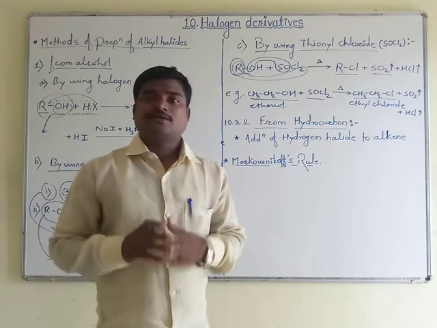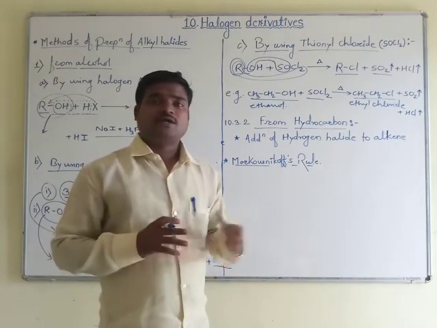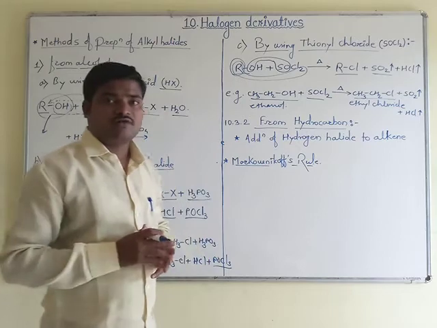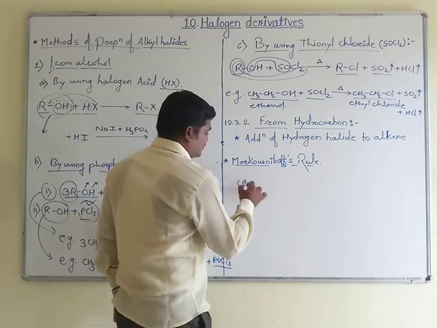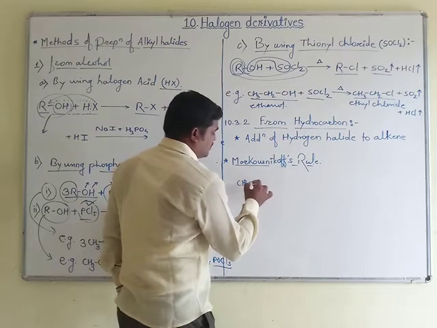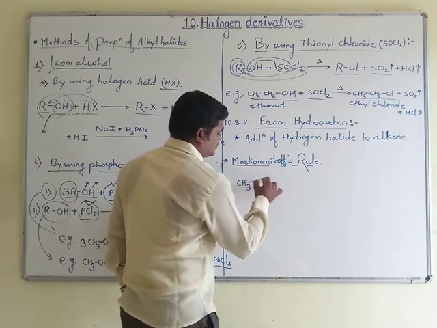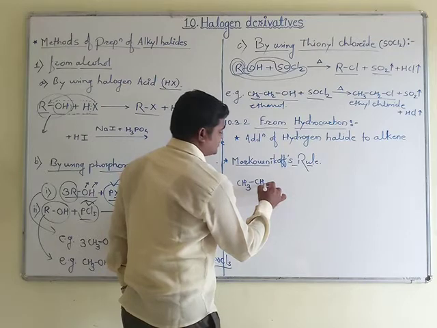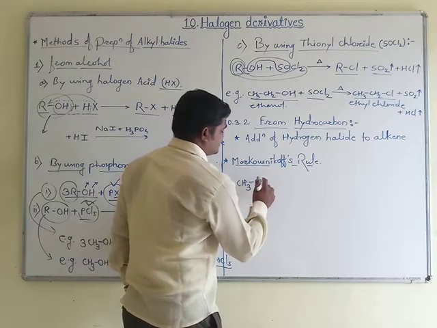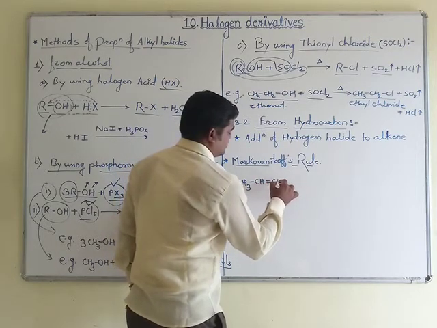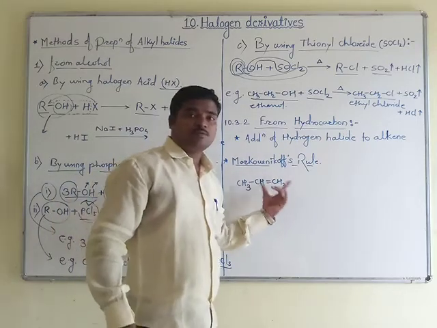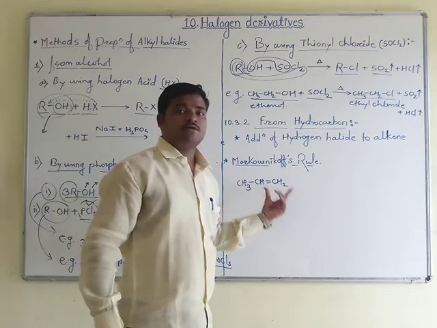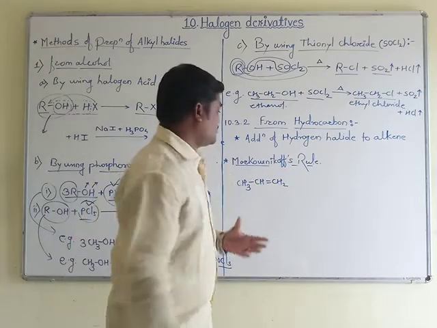So to understand this statement better, we have to take an example of an asymmetric alkene. Suppose we take CH3CH double bond CH2. What is the name of this compound? It is nothing but propene, and this one is an example of an asymmetric alkene.